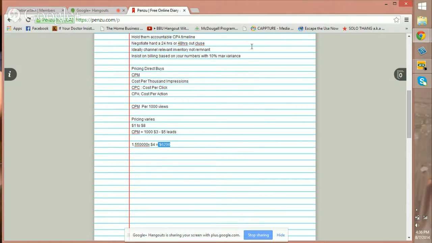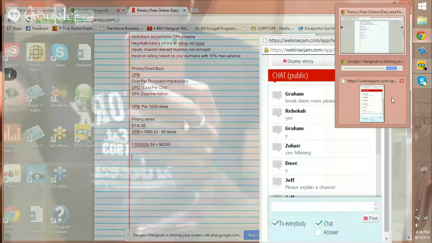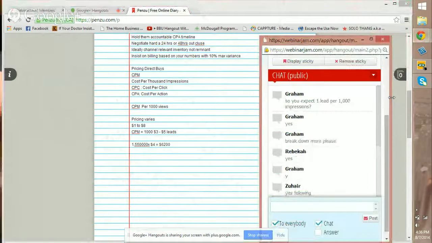The nice thing about dedicated emails is you can ask them to segment their list and test very small. And all the prices listed are very negotiable, right?